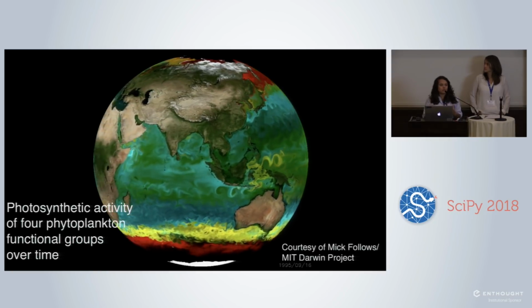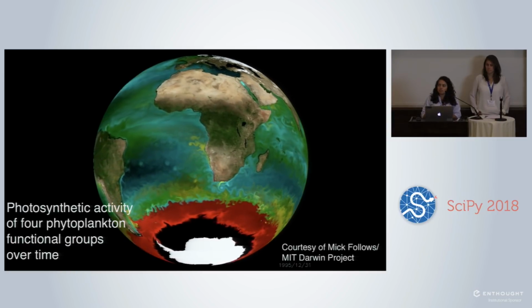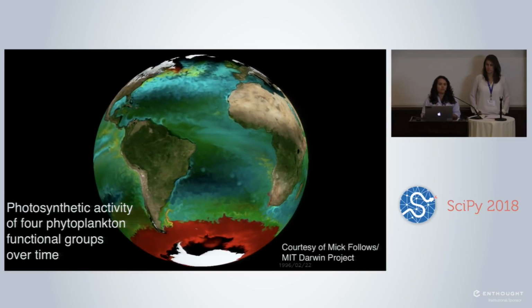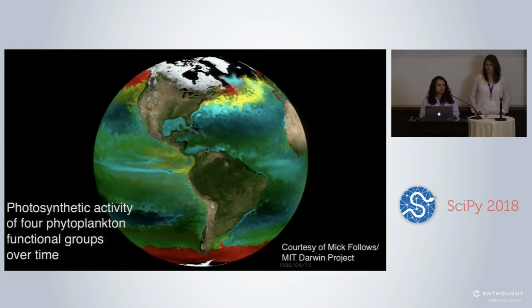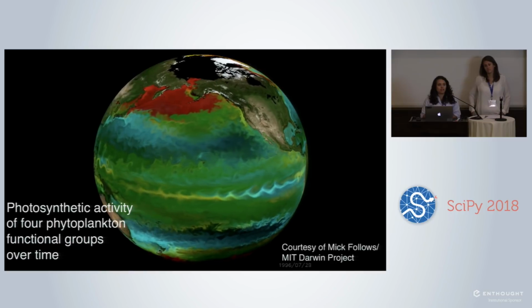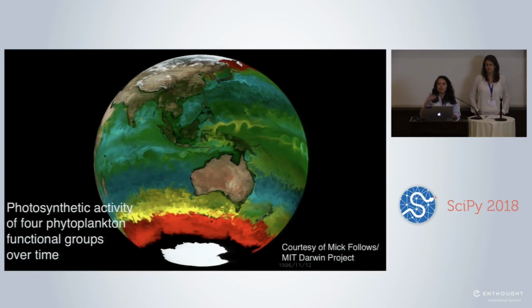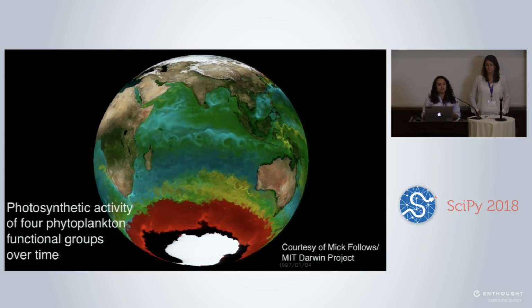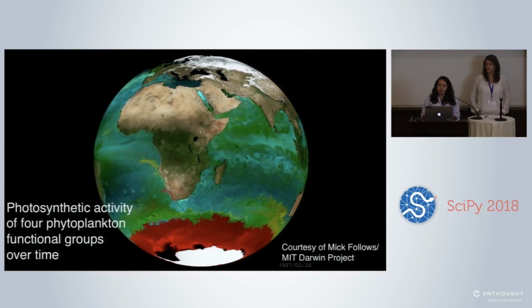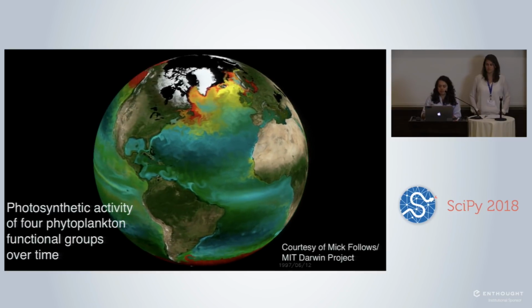And what we as microbial oceanographers are interested in is understanding, first, what the distributions of these cells are over the course of time, and then what drives the distribution of these cells. We really think that the chemistry of the ocean is a major player in understanding how these cells are distributed in the ocean. And by contrast, how those microbes impact the chemistry of the Earth is really important for us to understand the general Earth system and the health of the Earth system.